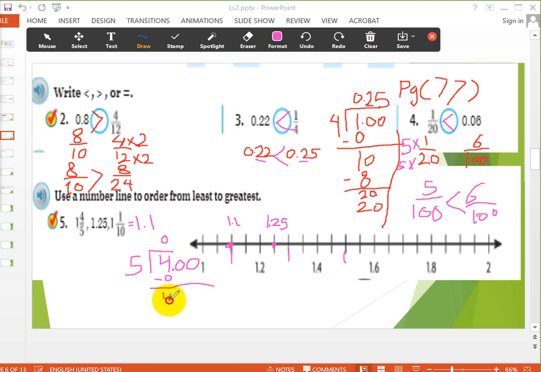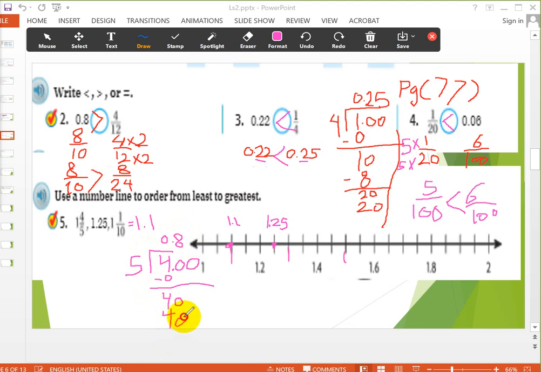Then I will take the decimal point and put it in the quotient. I will take the 0 and put it next to the 4. So it will be what? 40. Girls, 40 divided by 5. What is the number that I will multiply with 5? Thank you, Farah. Very good. It will be 8. 8 multiplied by 5 equals 40.